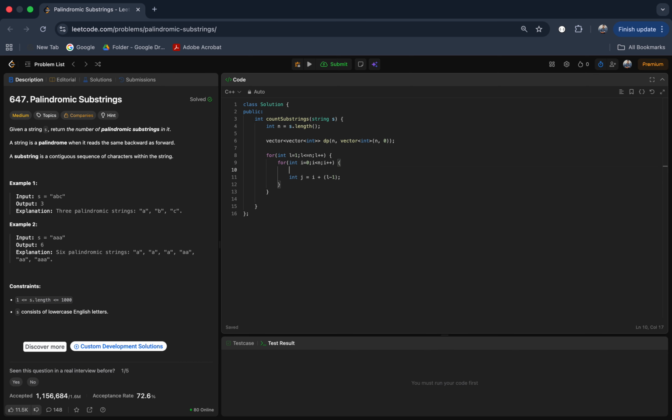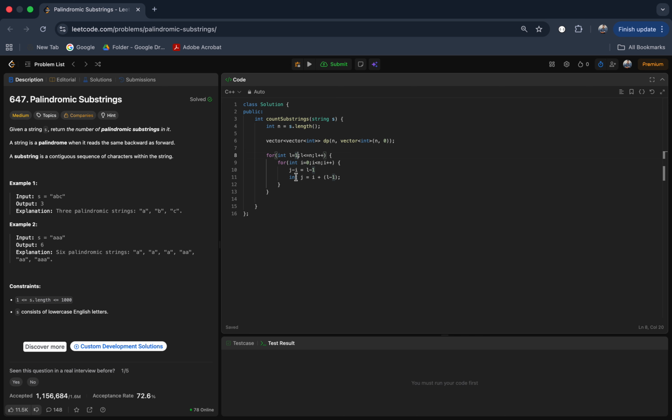But my length is the j index, meaning the ending index minus the starting index equals the length, but length should be minus 1 as I am starting the length from 1. Or else I can start my length from 0, so I don't need to do the minus.